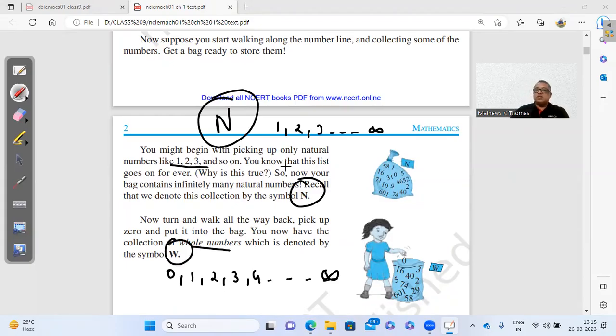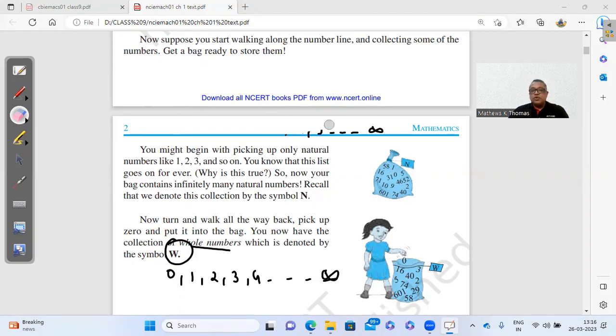So natural numbers are starting from 1 and go up to infinity, and this collection of numbers is represented by N called natural numbers. And if you are starting from 0 and going right up to infinity, 0, 1, 2, 3, 4 up to infinity, these are called whole numbers, and this is represented by the alphabet W, right?